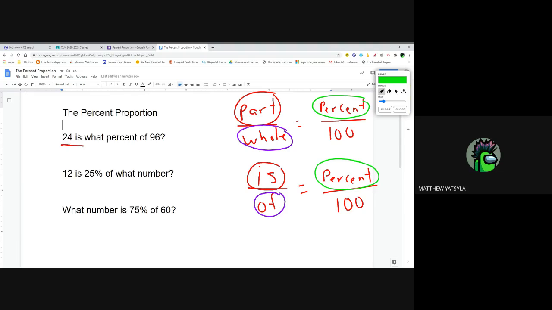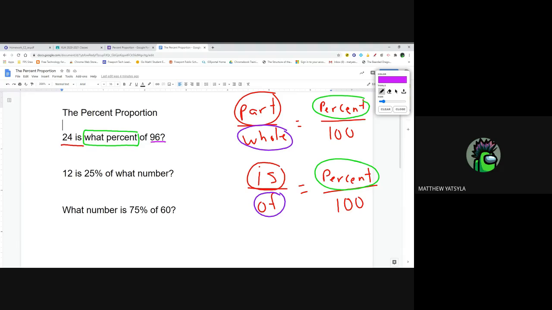Since we're already doing green, we're looking for, it says what percent. So that word what tells us where the question is. And then that leaves us the of, which is going to be that purple again, of 96.